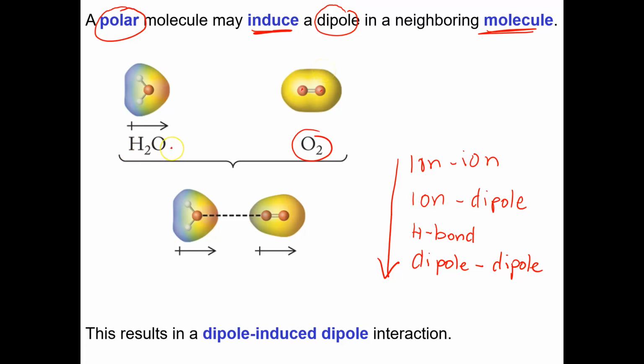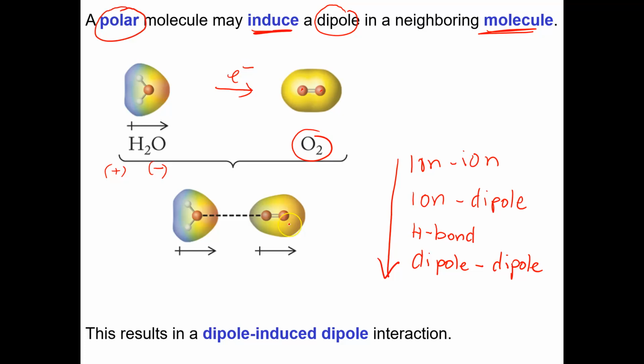Now think about what happens if a water molecule approaches an O2 molecule with its negative end facing the O2 molecule and its positive end facing away. Negative charge repels electrons, doesn't it? So electrons are going to get pushed this way.